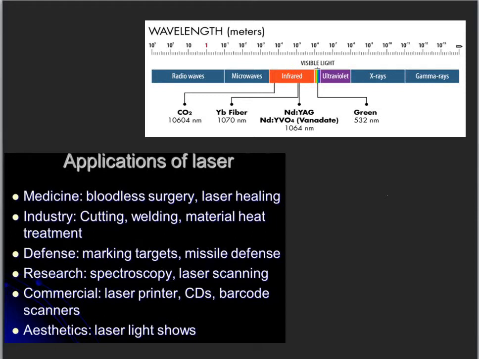So it is normally called the Nd:YAG laser. Okay, this is the carbon dioxide laser. Another one is femtosecond. Then the ytterbium fiber laser. So these are the lasers shown here.